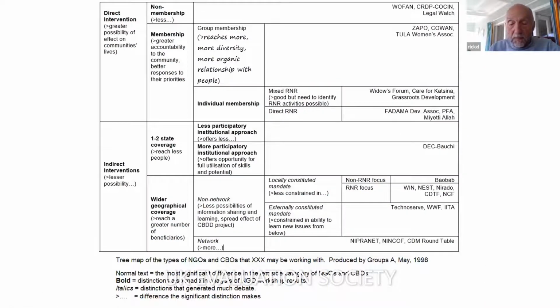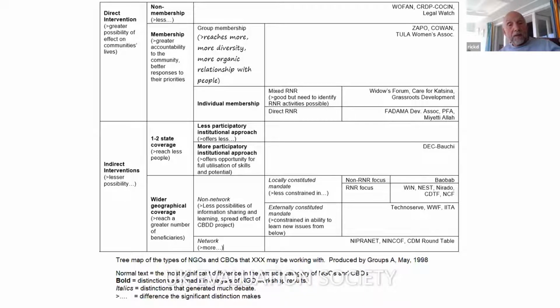So this next one is a group of NGOs in Nigeria, and this bilateral aid program was thinking of working through local NGOs. They did it in a small group rather than with a single respondent. They got people to do a card sorting exercise, identifying the most significant difference between all these local NGOs.